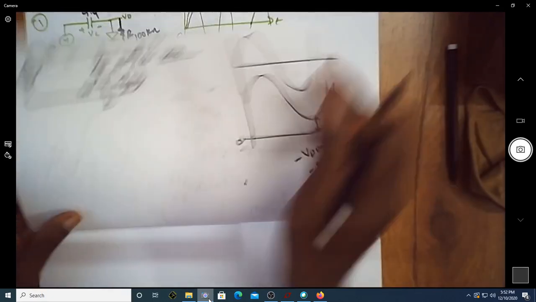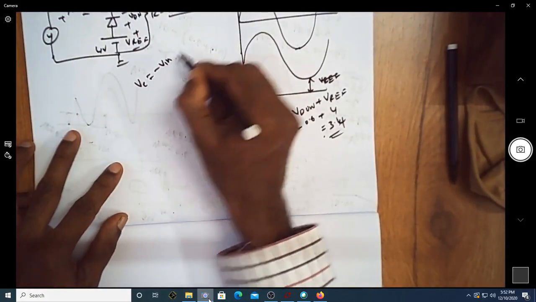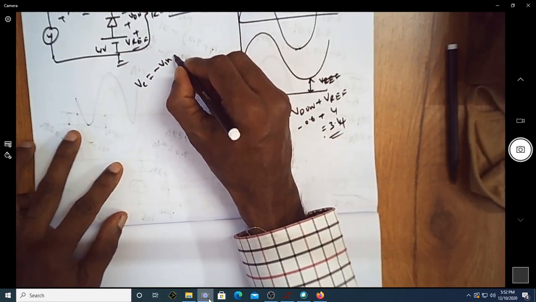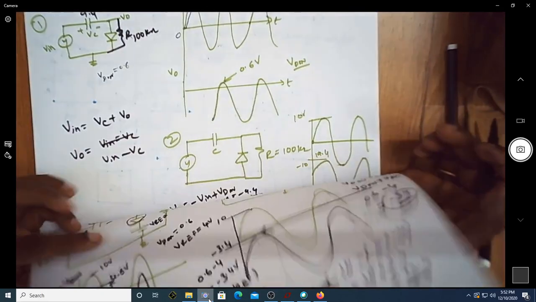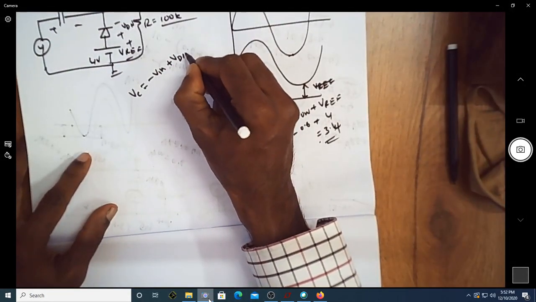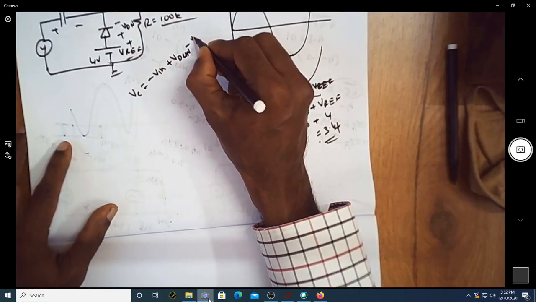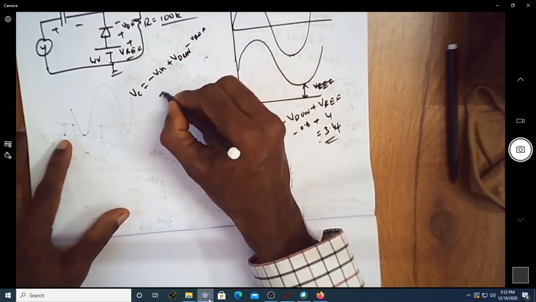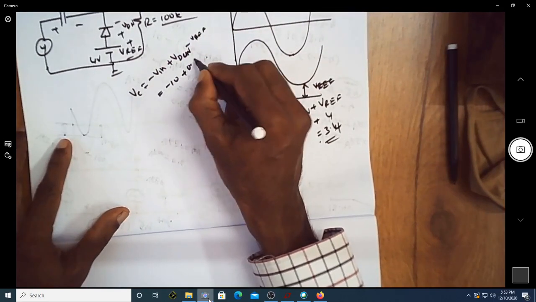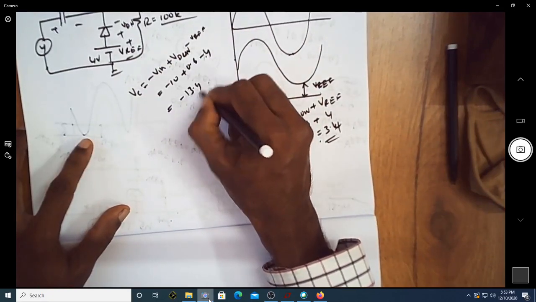For this particular case, VC is equal to minus V in, plus VD on and then minus V reference. So it is minus 10 plus 0.6 minus 4, which happens to be minus 13.4 volts.